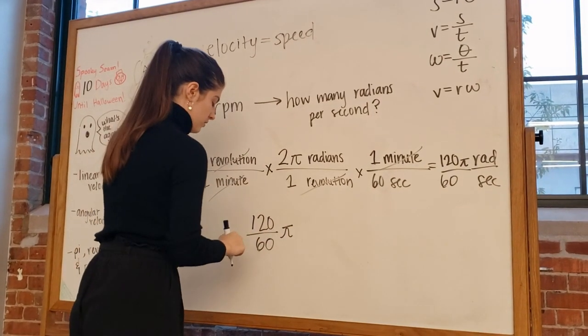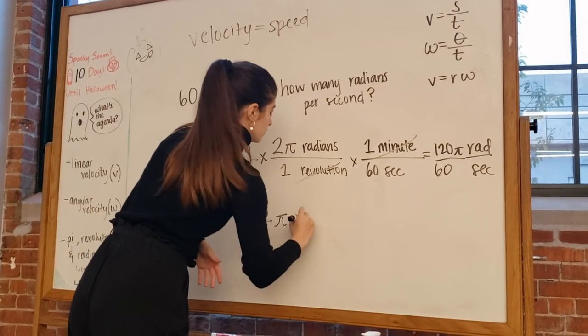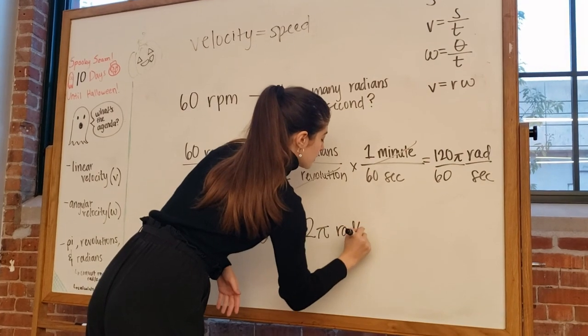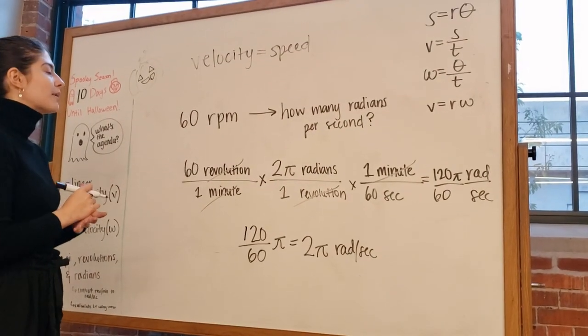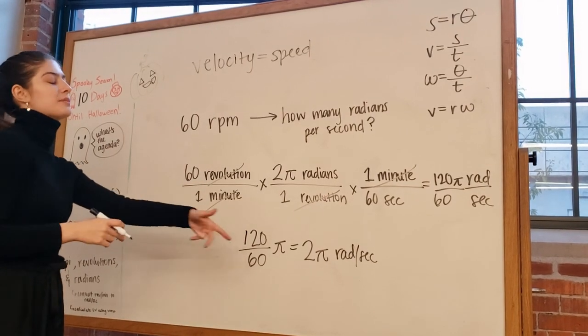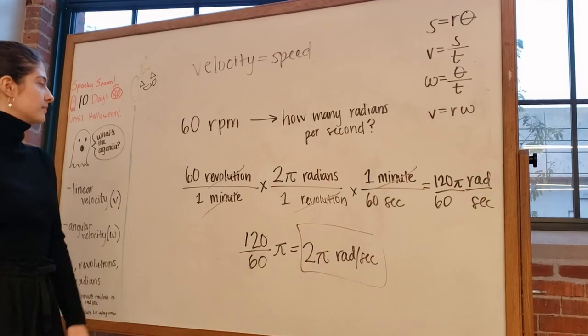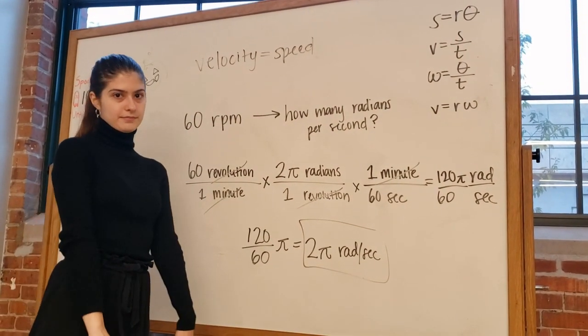We can reduce this down: 120 divided by 60 is 2. 2 pi radians per second. That came out to a pretty cool number. It didn't occur to me that 60 was going to end up doing that, but it should have. So there you go. 60 RPM is 2 pi radians per second.